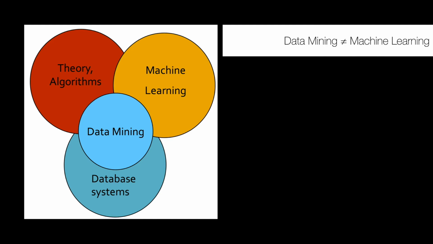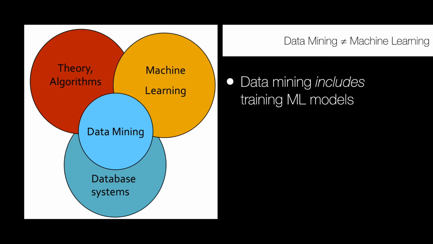So another point about what this class is versus what this class is not. Data mining draws from a number of different areas, from machine learning to algorithms and theory, from database systems. But critically, data mining is not machine learning. When we talk about data mining, oftentimes we make use of machine learning models, but the emphasis on what data mining is versus what machine learning is is different.